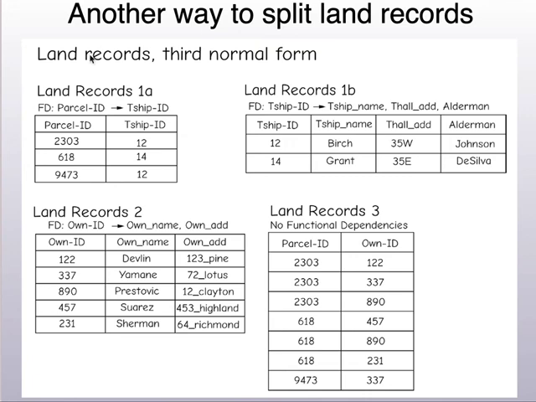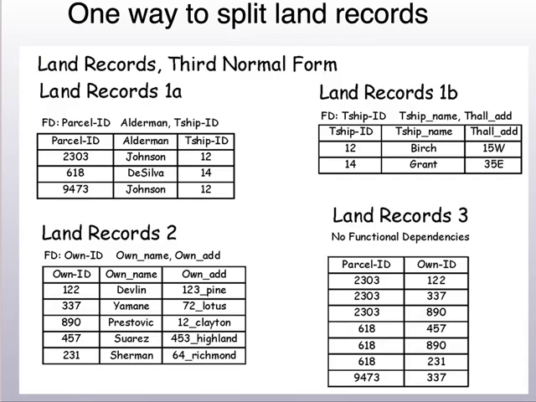Now I could split another way. I could say township ID, township name, town hall address, alderman, and this is valid depending upon what the true functional dependencies were. If I only have one alderman for a particular township and township ID, right, so that there's a person and the lines for their alderman district follow a township and township ID, then I'd split this way.